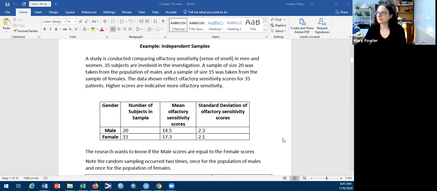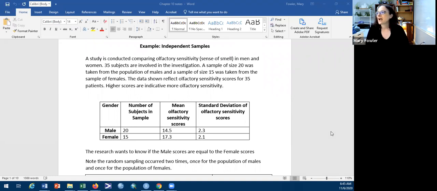And let's look here. Olfactory, sense of smell. A study is conducted comparing olfactory sensitivity in men and women. 35 people are involved in the investigation.